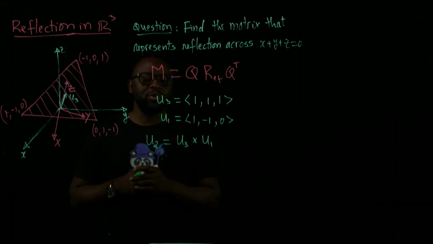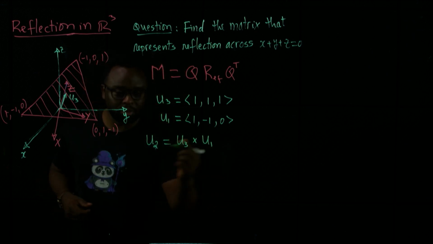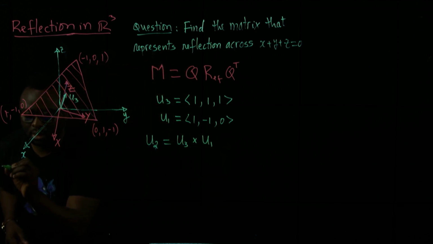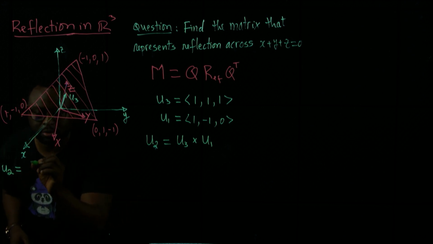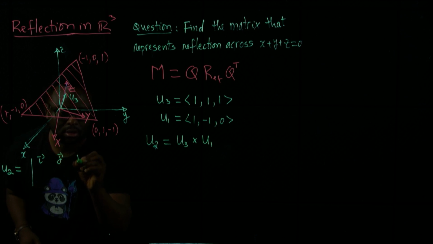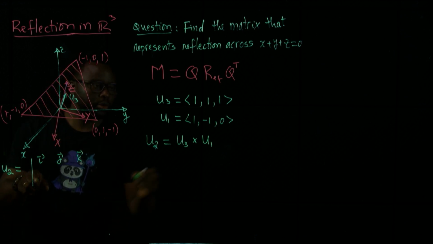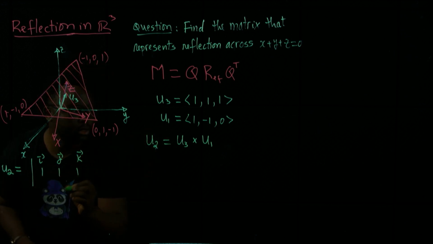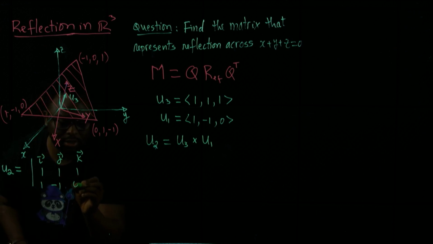Remember that the cross product is given by this. If you say U2 is the cross product, it means you take U3, which is 1, 1, 1, and this, which is 1, minus 1, and 0.